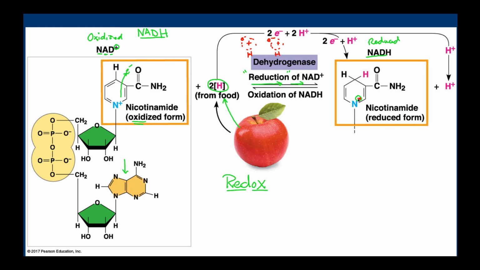Okay, so we're going to replace that electron that was lost back here. Okay, so from these two hydrogens, let's just take one of those electrons, and we're going to fill in that electron hole right there. Okay, then what we're left with is a hydrogen proton. Okay, and that's this proton out here. Okay, then you'll also see that there's another hydrogen added on here, and that's indicated right here. And that's going to be this full hydrogen here.